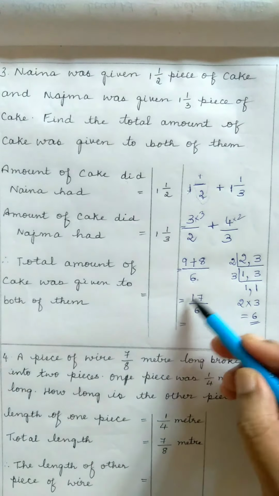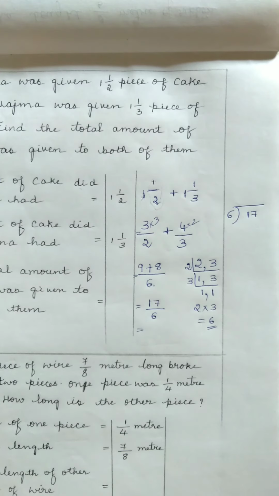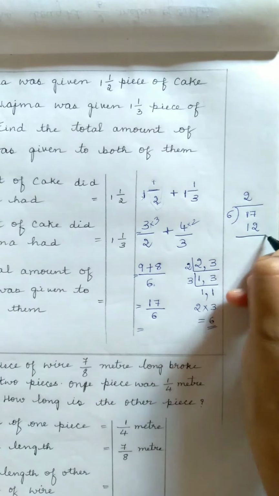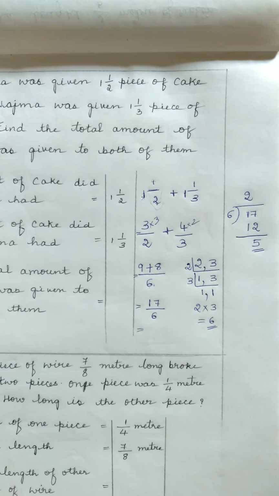Now, we have to convert this improper fraction into a mixed fraction because in the question, there is a mixed fraction. So, the final answer, we will convert it into a mixed fraction. We know that when an improper fraction is given, we have to do the division method. So, when you divide 17 by 6, we know that 6 2s are 12. 17 minus 12, the remainder value will be equal to 5. We know that to write this in a mixed fraction, we have one formula.